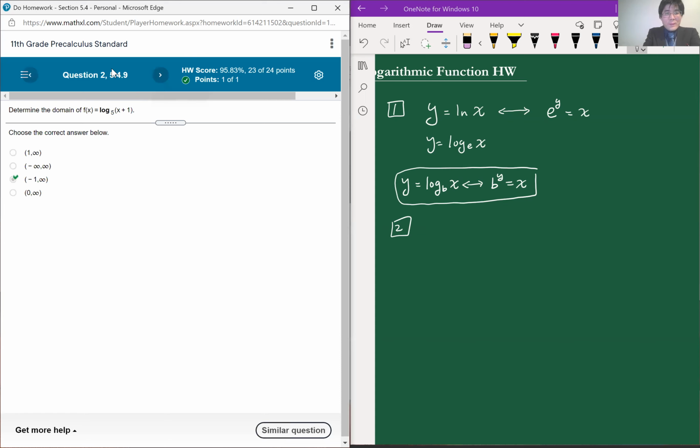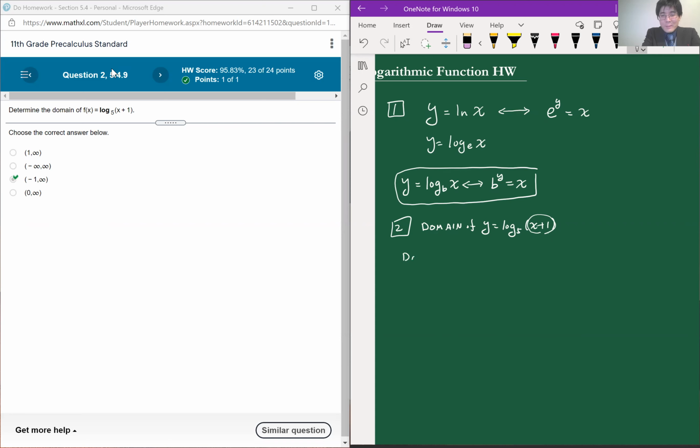Number 2. The question is about the domain of the log function. So let's say y is equal to log of base 5 of x plus 1. The domain for the log function is all positive numbers only. So base doesn't matter, but the domain must be all positive numbers.